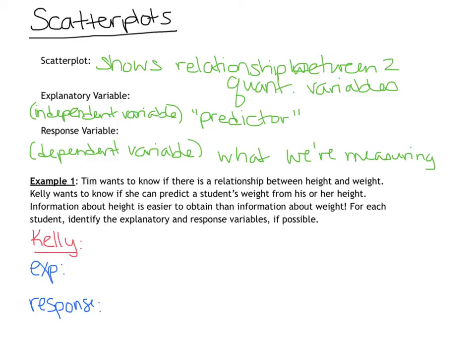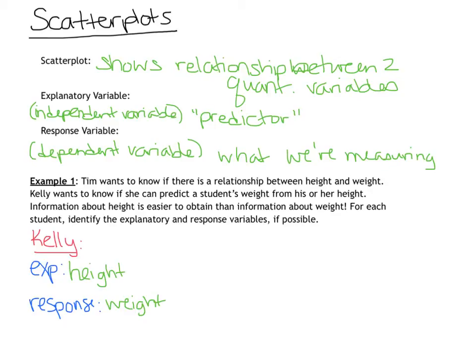And the thing that we're trying to find out, that we're trying to predict, is actually called our response. The thing that we use to predict that is called our explanatory. So in this case, the explanatory is going to be the height. The weight is our response variable.